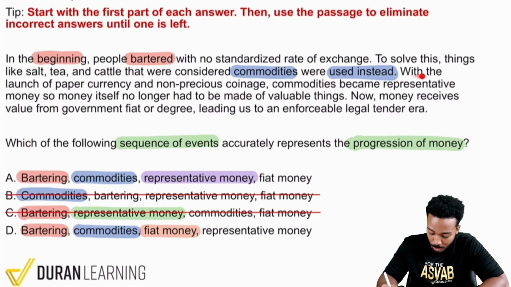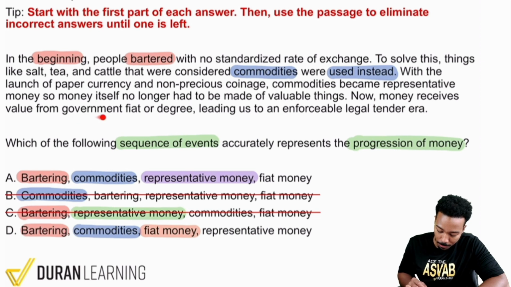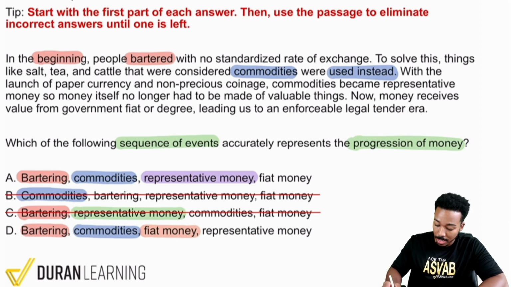So one more time. With the launch of paper currency and non-precious coinage, commodities became representative money, so money itself no longer had to be made of valuable things. Now, money receives value from government fiat or decree, leading us to an enforceable legal tender era. Look at that. It says now we have fiat money. Before that, representative money.